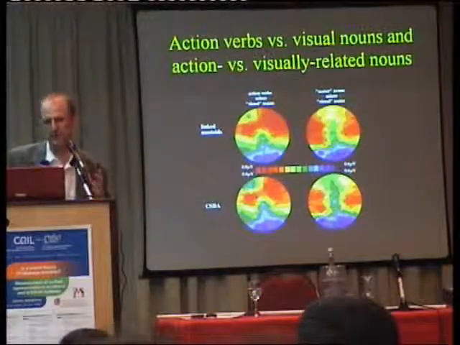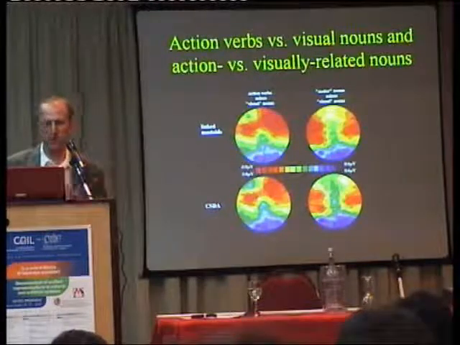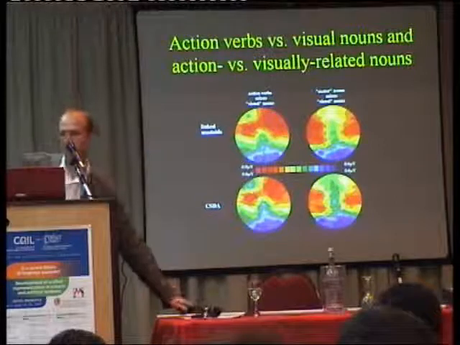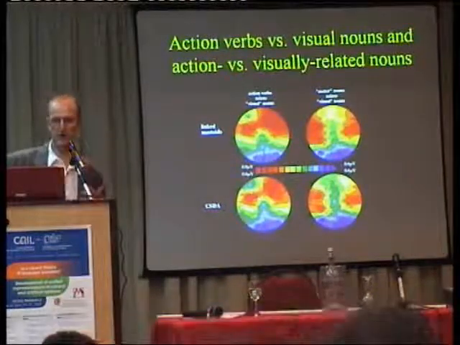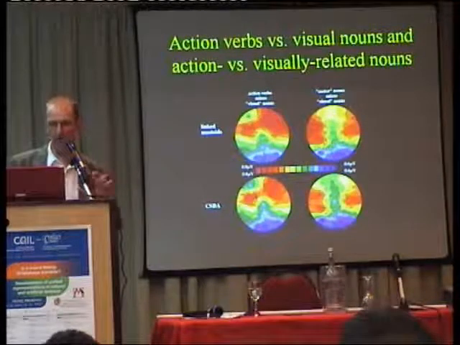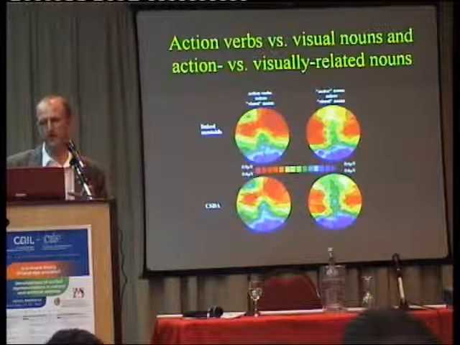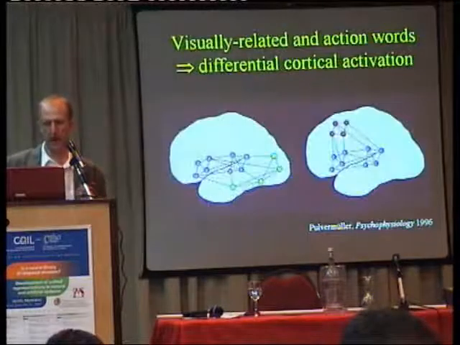where we compared the action verbs to the visually related nouns, but also different types of nouns related respectively either to actions or to visually perceivable objects, and we saw very similar dissociations and no significant difference between action verbs and action nouns.